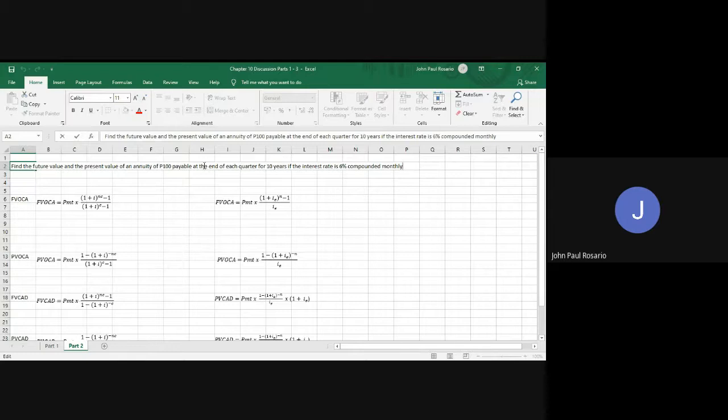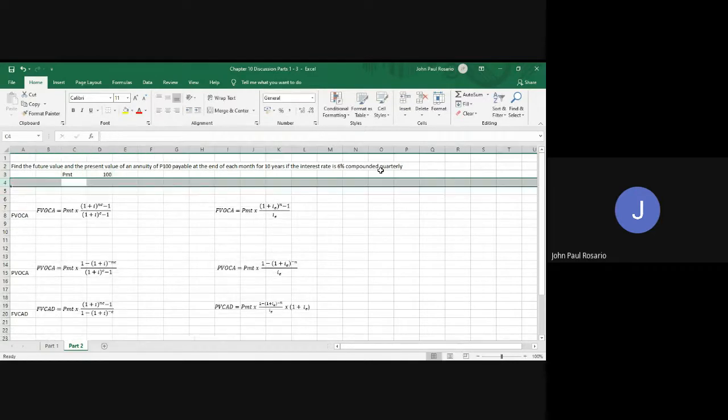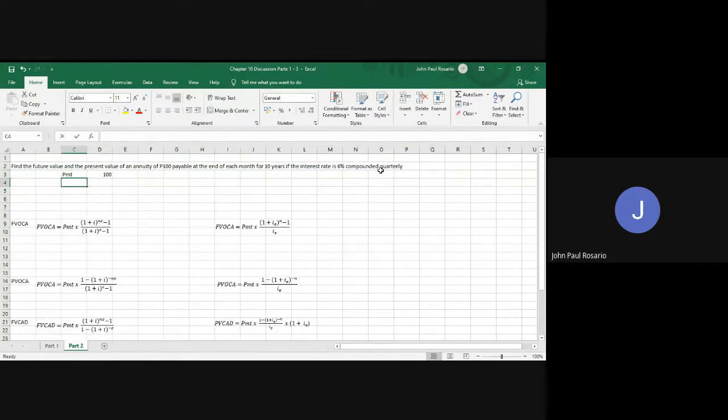So payable at the end of each month for 10 years if the interest rate is 6% compounded quarterly. So here, the payment is still the same. Payment is 100. What else do we need? Our INOM is 6%, making our I 6% divided by quarterly, so 4.